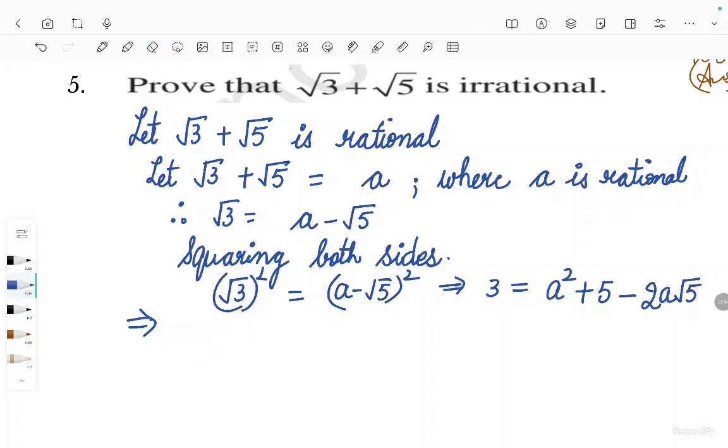Simplify like this, 2a root 5 equals a square plus 2. On simplification we will get this.